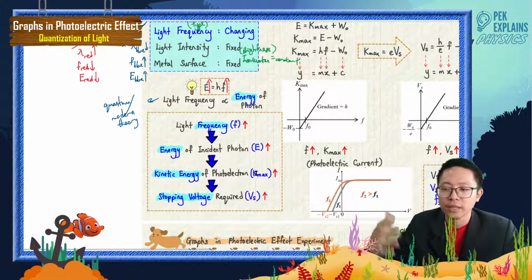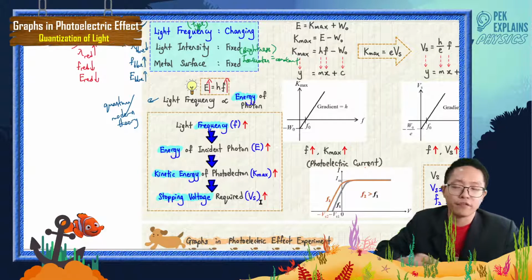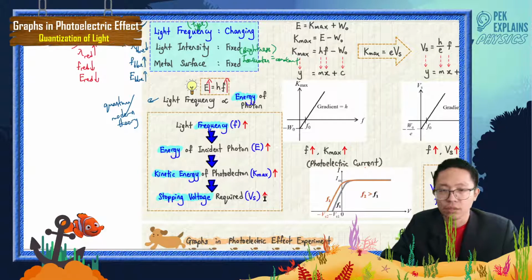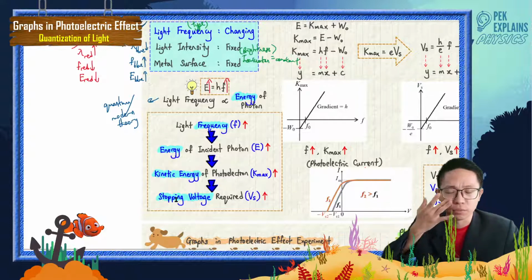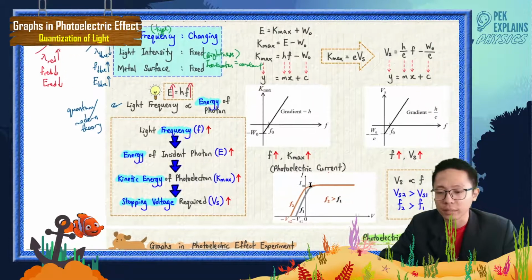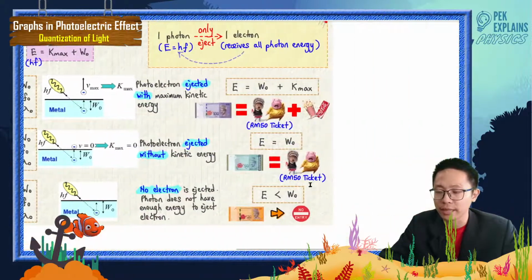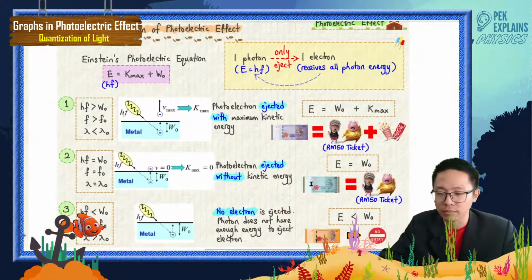That's the difference between the kinetic energy and the stopping potential, isn't it? That's why don't drive too fast. If you drive slowly, you press your brake just a little bit, you can stop your car. But if you drive very fast, you need to brake very hard. So you need a higher stopping voltage. Something like that. It's the same as the analogy we made before.